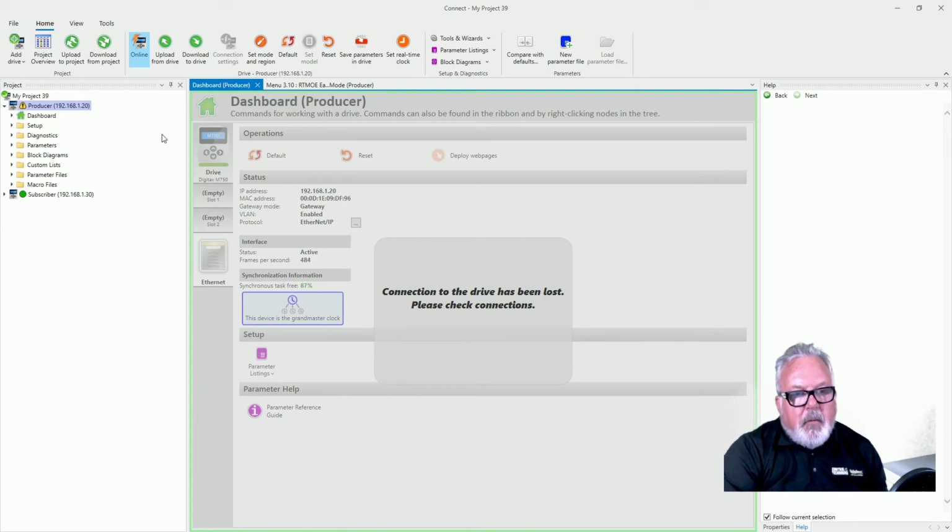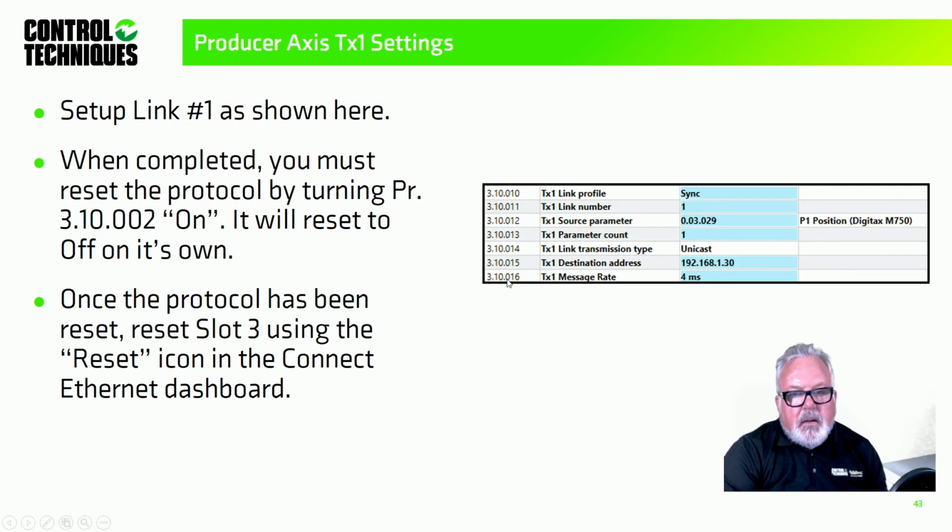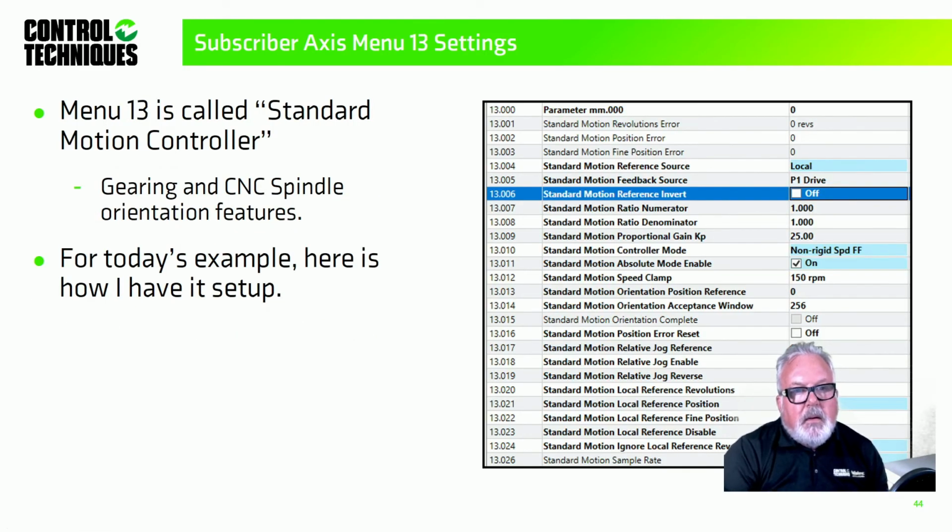Right? And if I wait there long enough, it'll come back online. But let's move along. So there is my transmit message. And that's all I need to do in the producer.